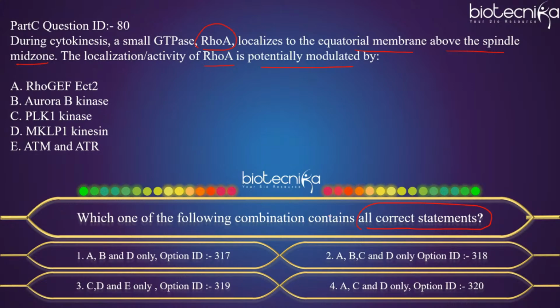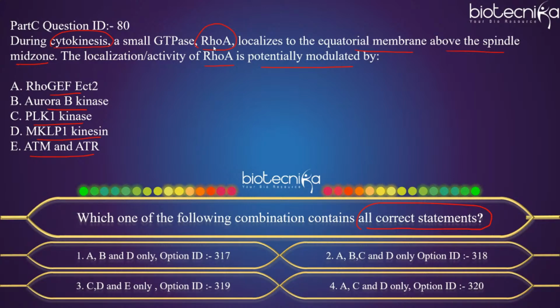Okay, which combination is correct. So A is Rho GEF ECT2, B is Aurora B kinase, C is PLK1 kinase, D is MKLP1 kinesin, E is ATM and ATR. So which of the combinations are correct? Tell me. So which proteins are responsible during cytokinesis?